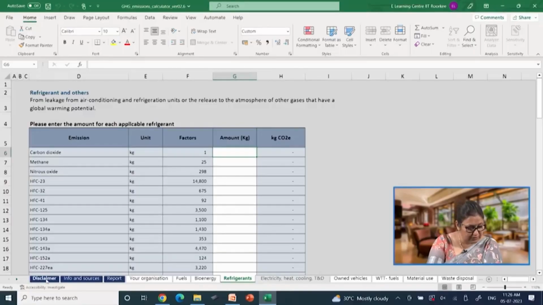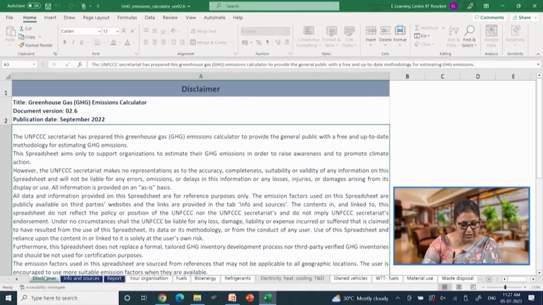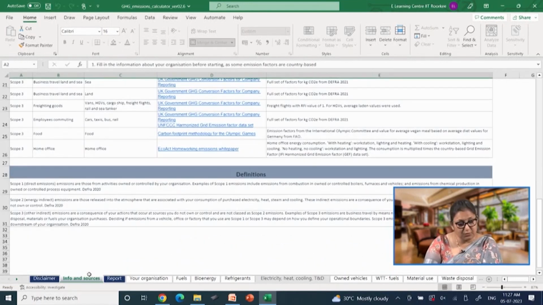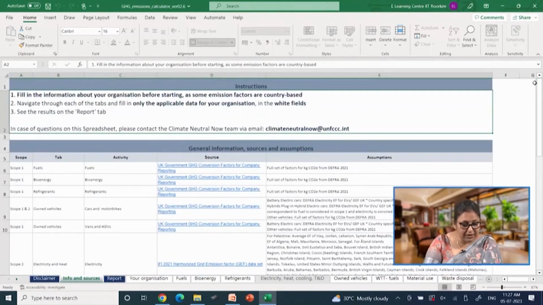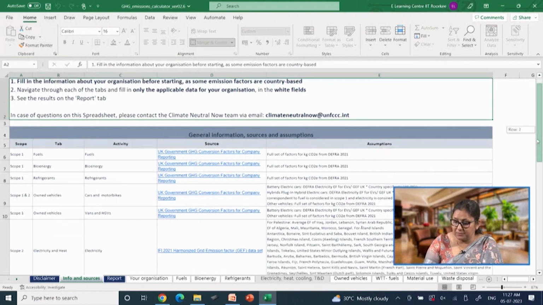So, we will look at this calculator. Now, it comes with this disclaimer that the accuracy, completeness and suitability or validity of the information is not guaranteed, but it can be used for reference purpose. It also has a tab on info and resources, and if you look at this, the emission factors and all the reports from where they are coming are given.